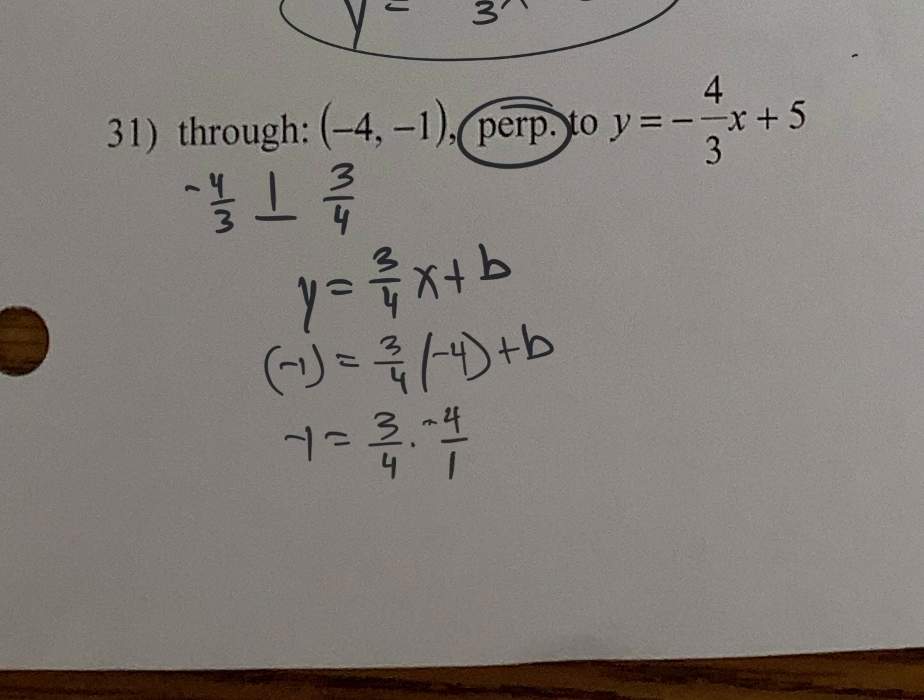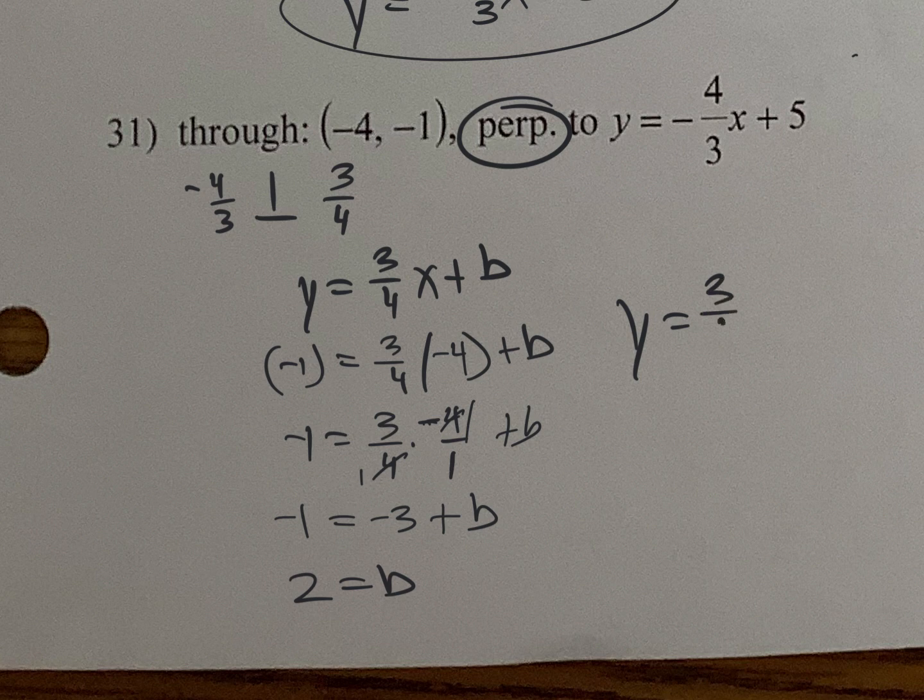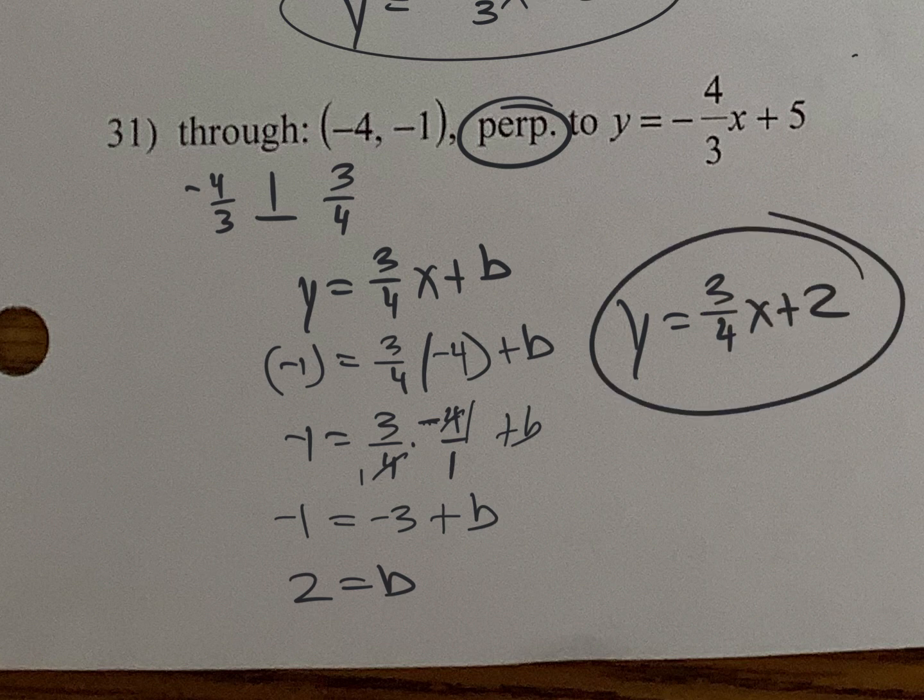Again, reducing diagonally, so that becomes -3. Add 3, you get 2. So y equals 3/4 x plus 2. Did you drop a sign? Did you get it? Awesome.